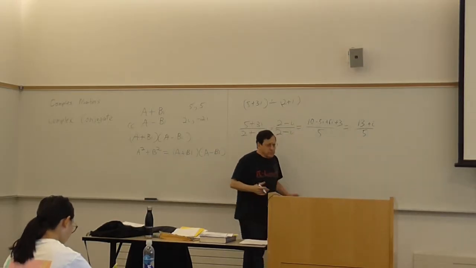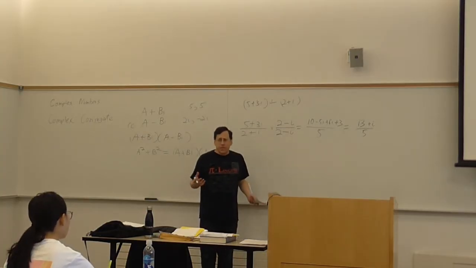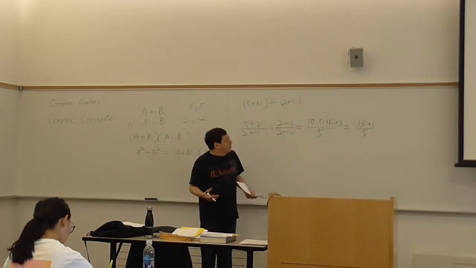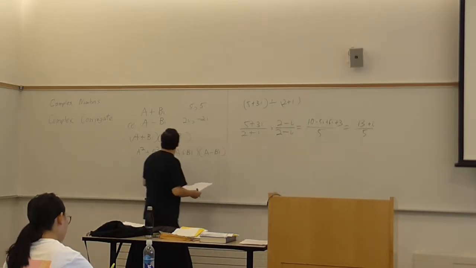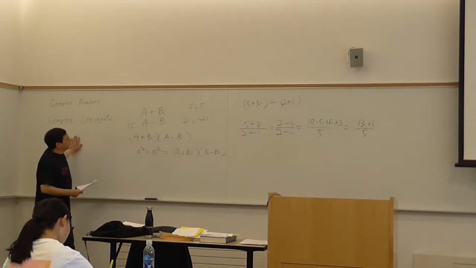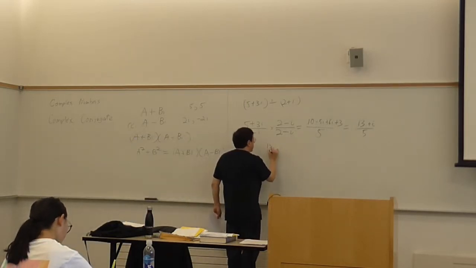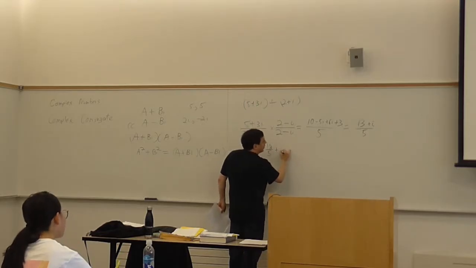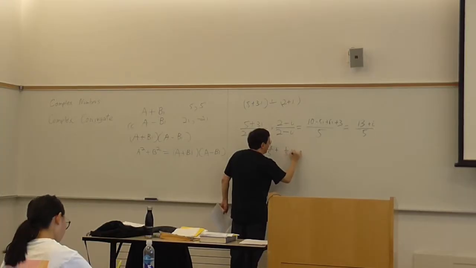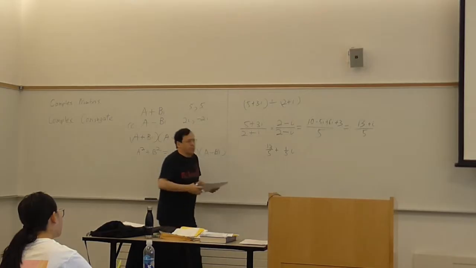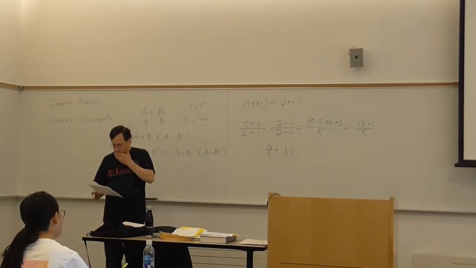And depending on the circumstances, you might want to leave it in that form, or you might want to put it into our normal complex form, which would be 13/5 plus 1/5 i. It's the normal form we put a complex number in.